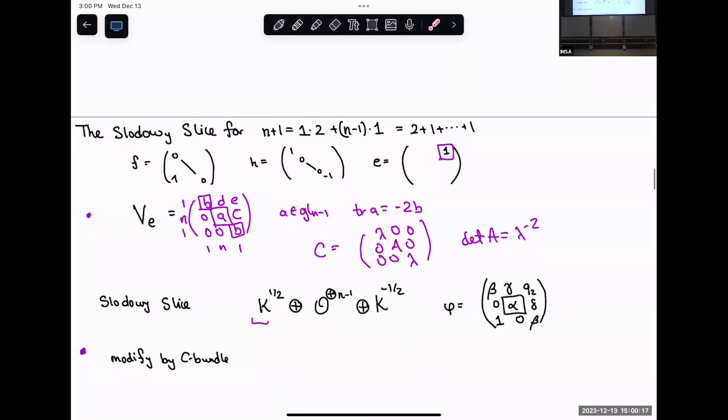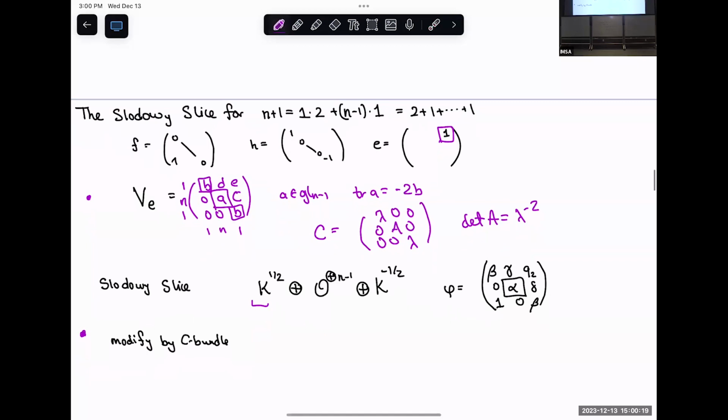Okay, and now I can modify this by a C bundle, but what is C? C is like GL(n-1, C), right? So when I modify it by a C bundle, I'll put LK^(1/2) plus V plus LK^(-1/2), where the determinant of V is L^(-2), and the rank of V is n minus 1.